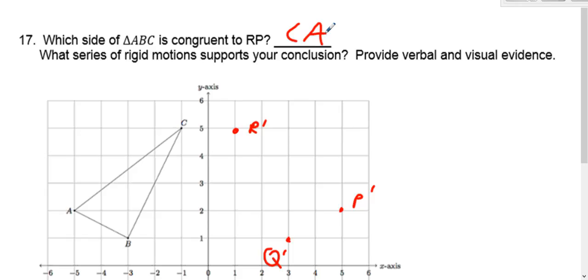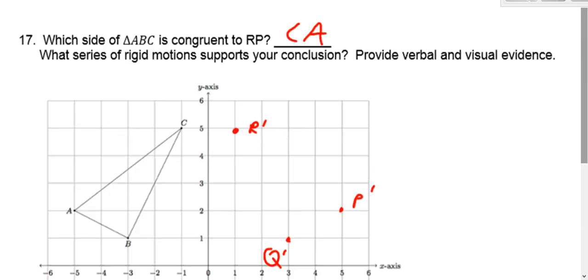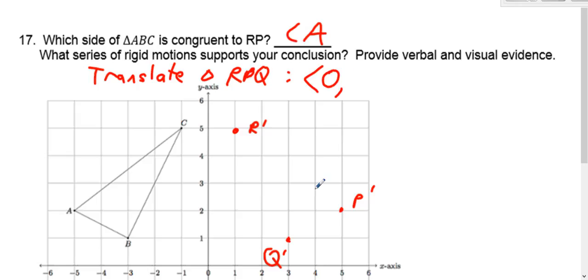And then which series of rigid motions supports your conclusion? I already started that. We can translate RPQ, translate it up. We moved it up 6 units. We didn't move it left or right at all, so we went with the vector 0 and then just up 6.